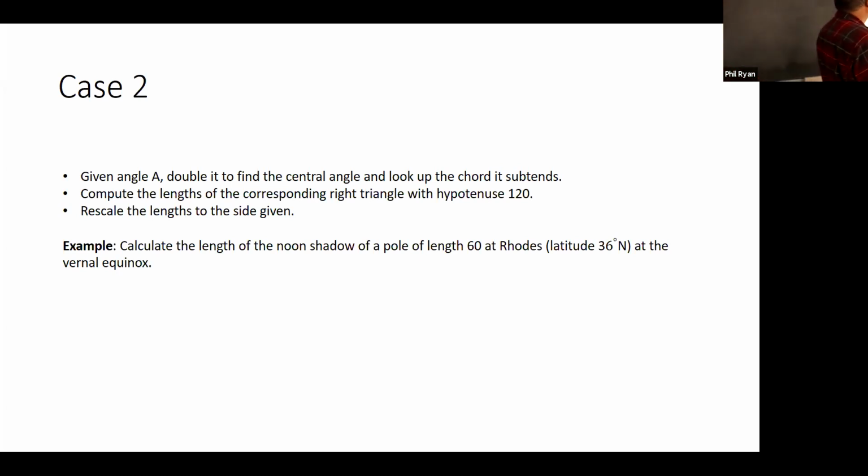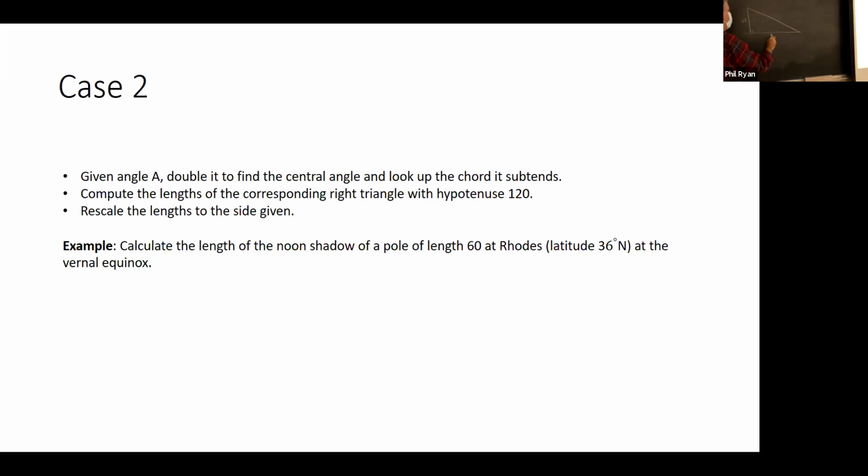So let's calculate the length of the noon shadow of a pole of length 60 at Rhodes at the vernal equinox. Okay. The vernal equinox is the thing that makes it all easy, right? Because here is our right triangle, here is our gnomon. So actually that's where gnomon comes from. It's the thing that sticks out in a sundial. And we're at noon, so the sun is over here, and it's casting a shadow.